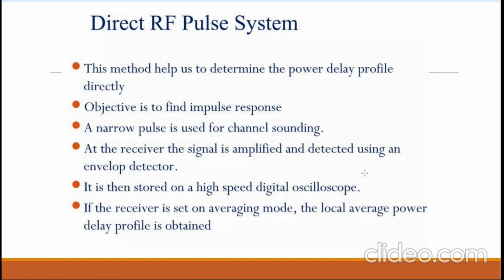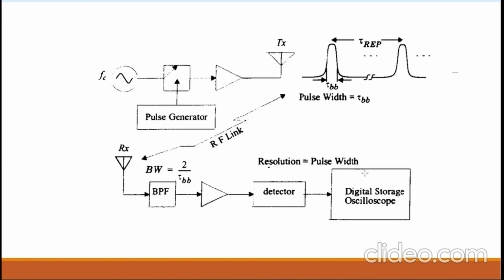Upon receiving this signal, it is amplified and viewed on a CRO using a detector. This is the scenario of a direct RF pulse system. fc is the carrier frequency. The pulse generator generates narrow pulses, which are multiplied with the carrier frequency, amplified and transmitted.